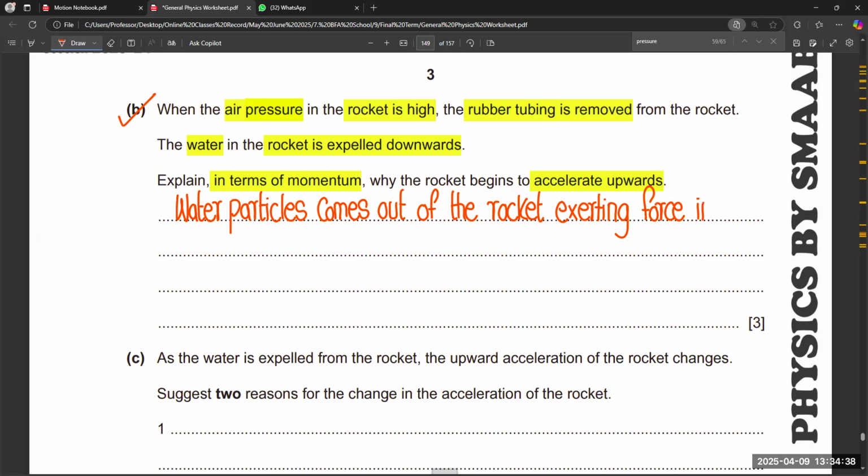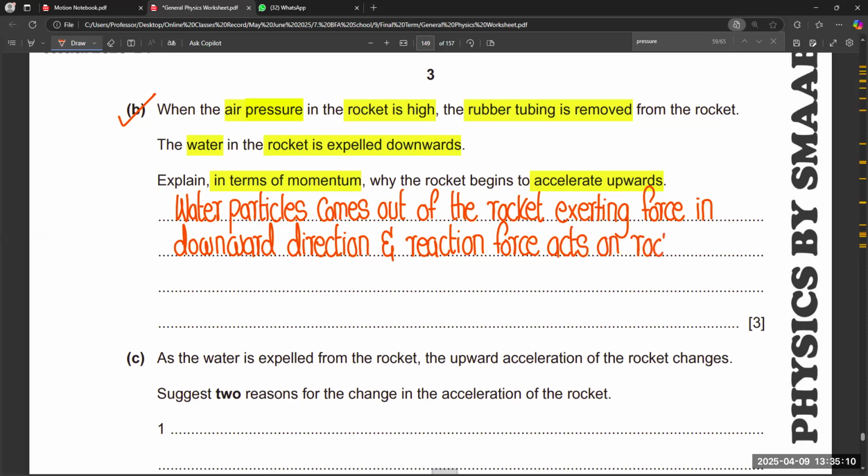Exerting force in downward direction, and reaction force acts on the rocket in upward direction.